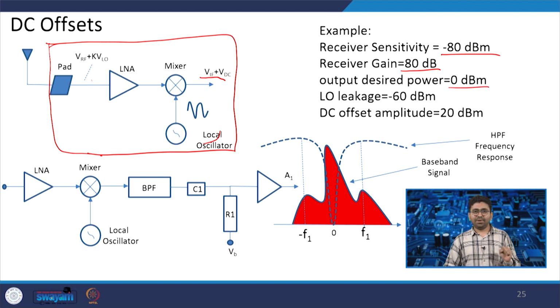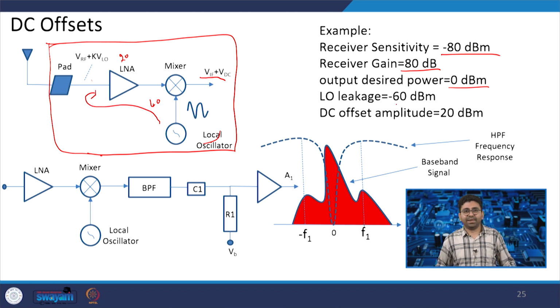Now, for example, because LO power is sufficiently high, if there is a leakage, if there is only 40 dB isolation here and 20 dB isolation here, and that leakage of LO is around minus 60 dBm, what will happen, that your receiver gain is fixed, that is 80 dB, minus 60 dBm is coming, and the same omega LO frequency is the same.